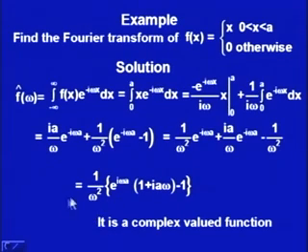Now you see it is a complex valued function, so the Fourier transform is a complex valued function. In practice, we normally take the real part and imaginary part separately, but we will do that later when we go for the practical purposes. Here we are just doing the definition and understanding these transforms.